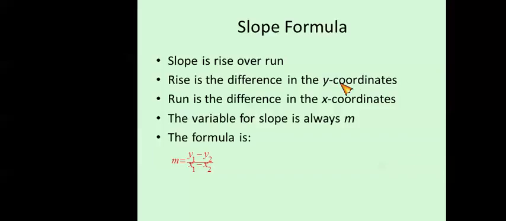Rise is the difference in the y-coordinates. Run is the difference in the x-coordinates. The variable for slope is always m, and our formula is m equals y sub 1 minus y sub 2 over x sub 1 minus x sub 2.